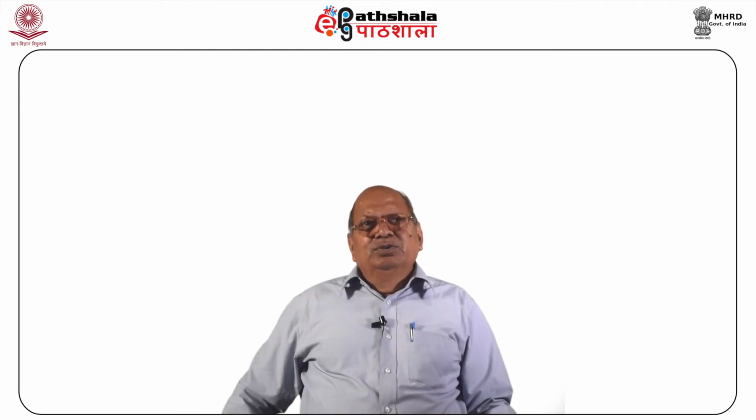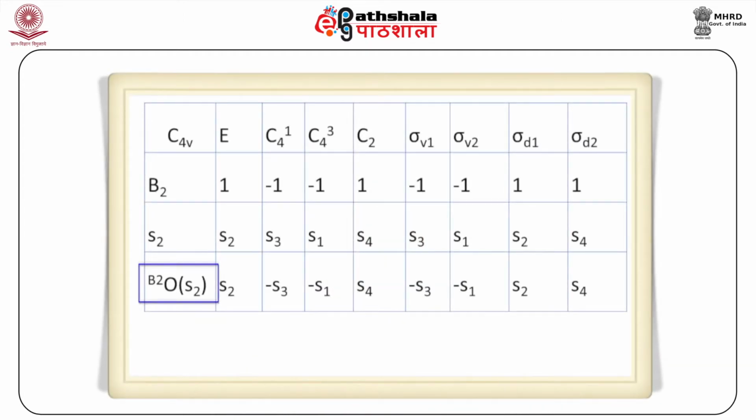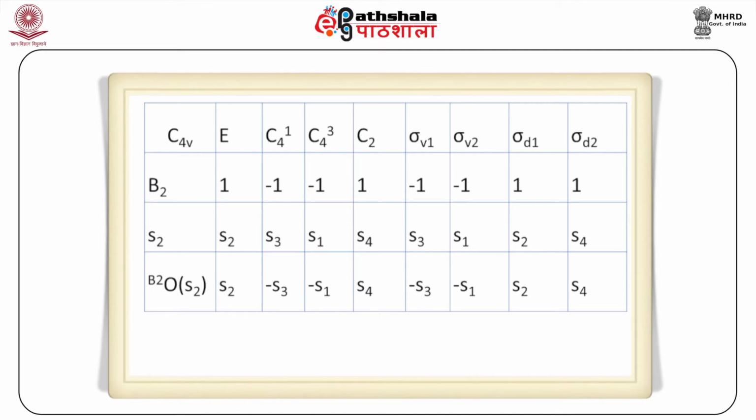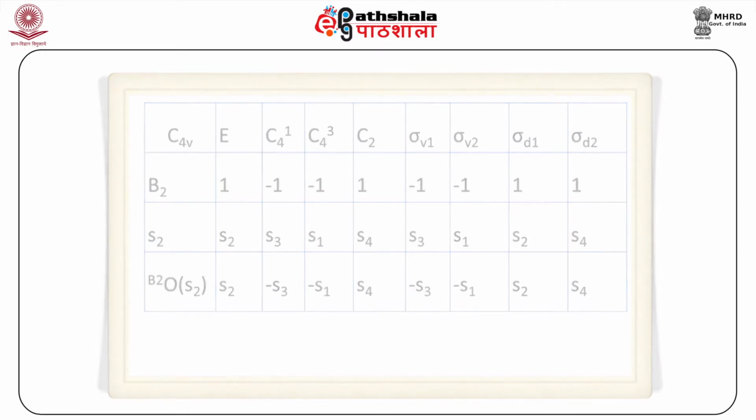Now, if we make use of B2 on S2, let us take the transformation operator corresponding to B2 symmetry and try to evaluate the effect on the S2 function. So, the result is given in this row against S2: S2, S3, S1, S4, S3, S1, S2 and S4, and B2 on S2 is given as shown over here.